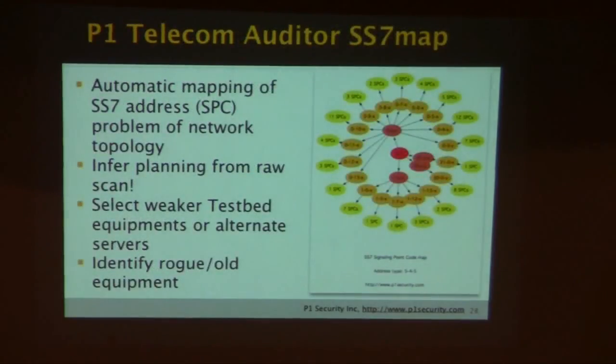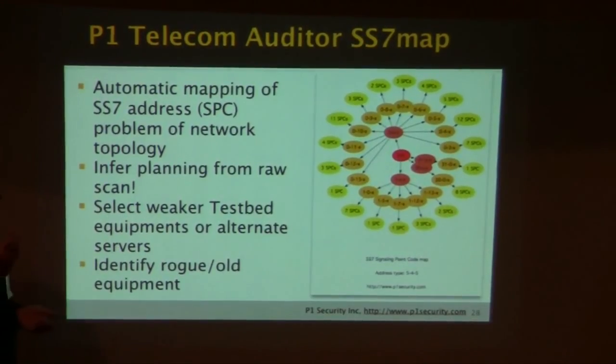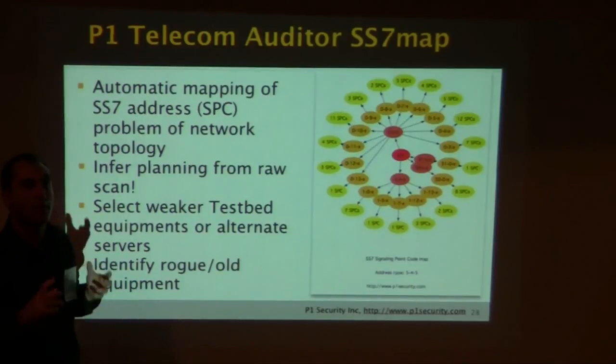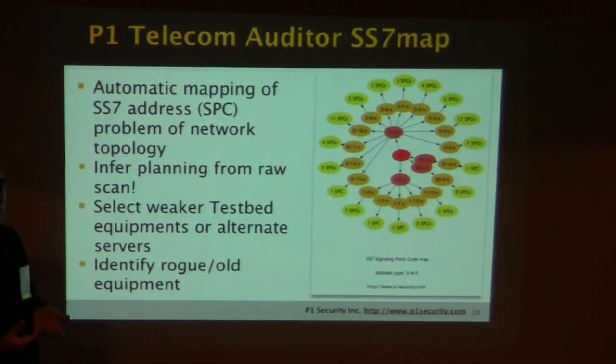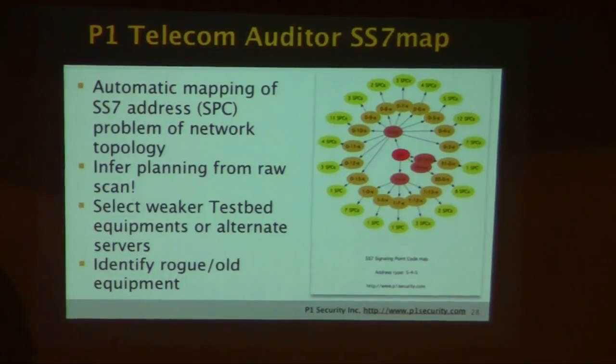Now, in P1 Security Telecom Auditor, we have developed a module which enables you to automatically map that to a group or a network topology. Because when you get the raw data on the SPCs, you don't know really what kind of network planning the guy was using when designing his use of these SPCs.